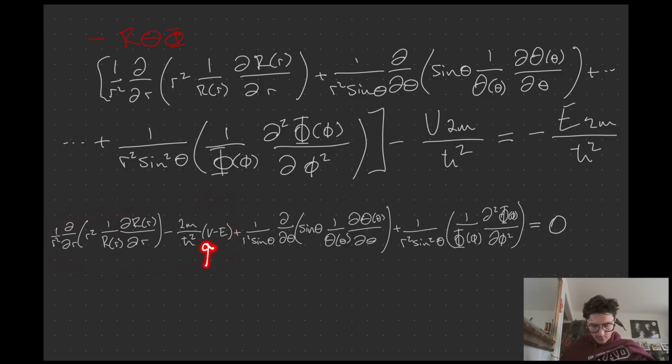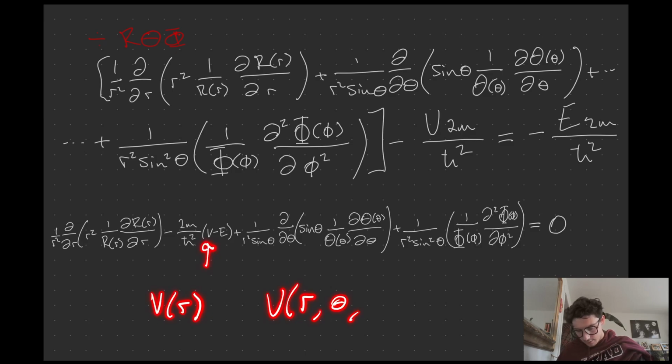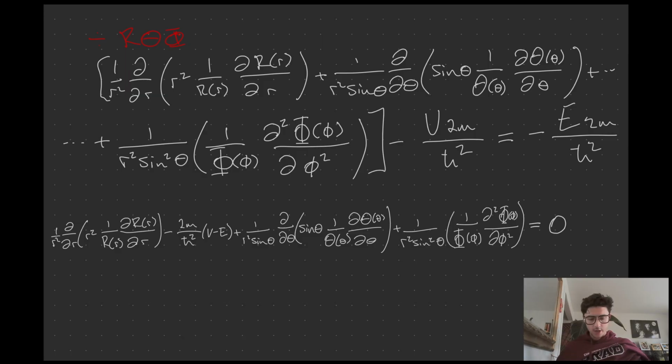V depends on r. We're saying V depends on r only, and V does not depend on theta and phi because we're going to say that V is spherically symmetric. So it doesn't matter which location you look at, there is no dependence of V on these things. Perhaps there will be, but for the hydrogen atom, there won't be. So we couple this with the r. This is the only thing that depends on r here, right?